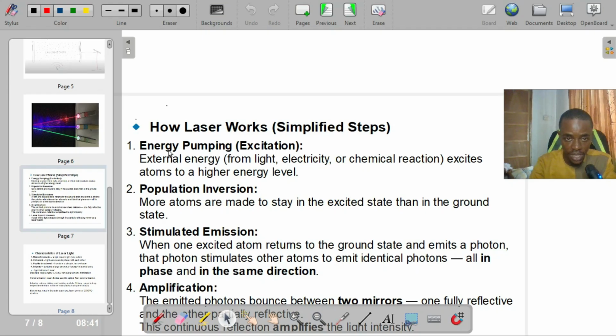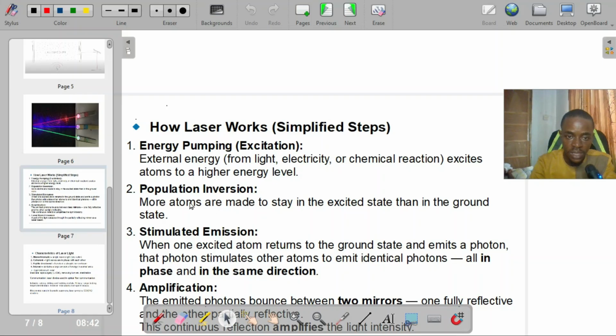Energy pump, the excitation: energy from the light excites atoms to a higher level. Then the population inversion: more atoms are made to stay in the excited state than in the ground state.